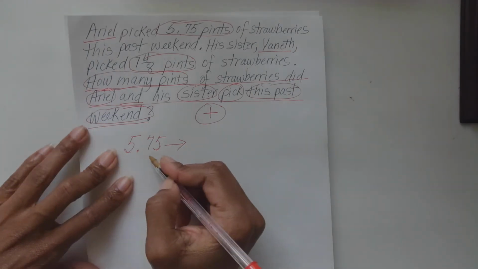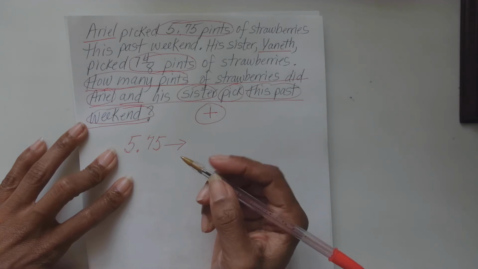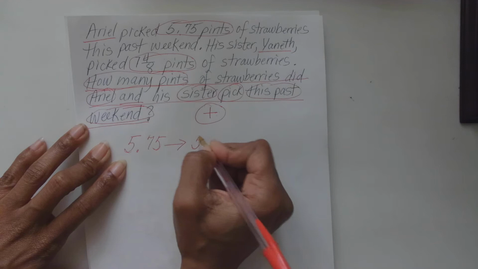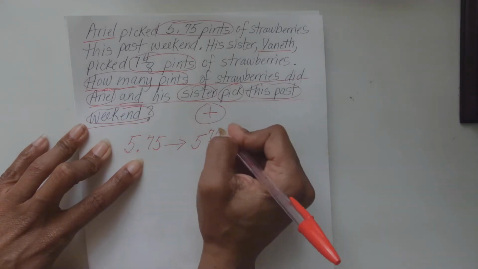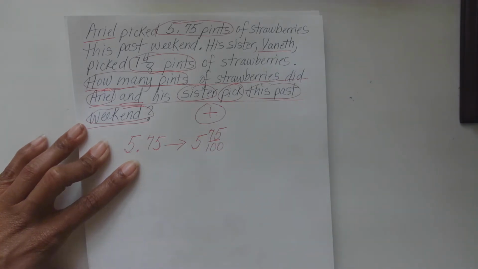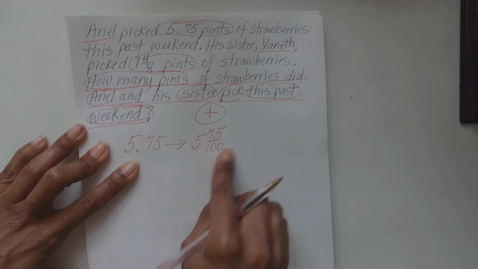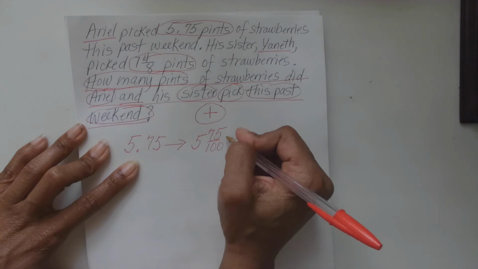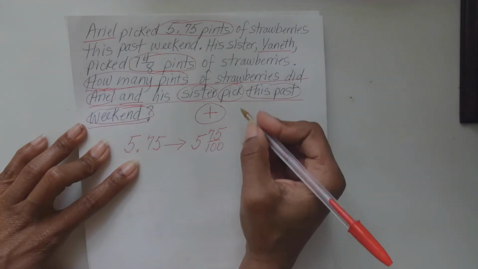When you read a decimal number, it tells you how to set it up for your mixed number. 5 and, so I have 5 and 75 hundredths. This fraction uses very large numbers, and when I look at this, I know that 75 and 100 have a common factor.